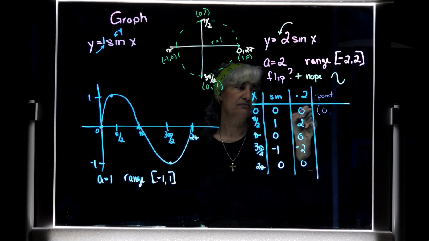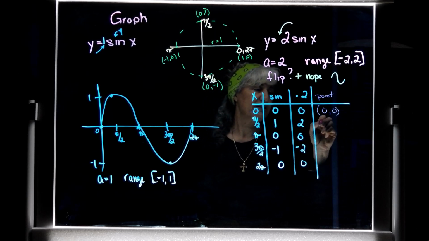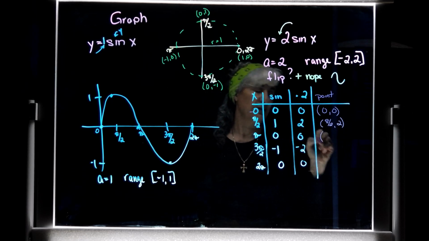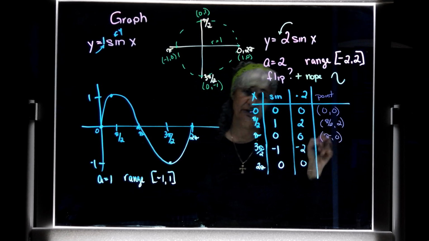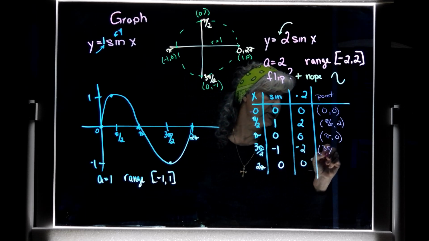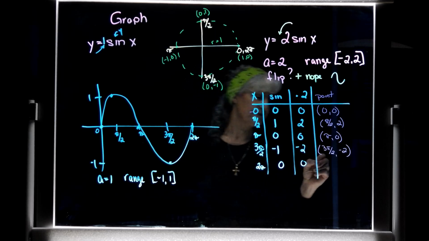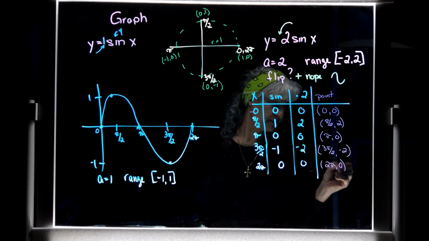What did we get out? 0. The second point, we plugged in pi over 2 and came out with 2. The third one, plugged in pi, came out with 0. The fourth one, plugged in 3 pi over 2, came out with negative 2. And last but not least, we plugged in 2 pi and we got 0.